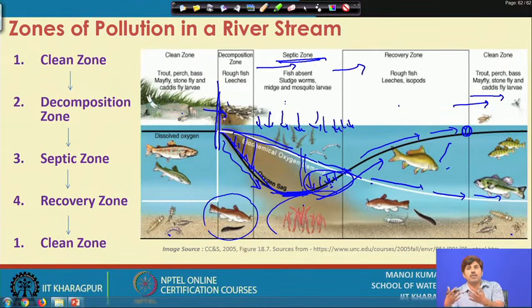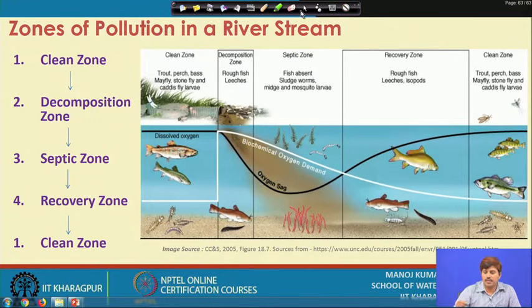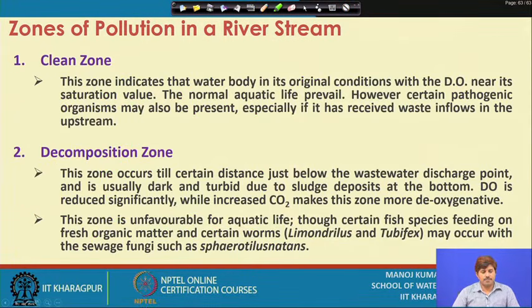It tries to recover, and then eventually it enters the clean zone, where it has attained its near-pristine stage. In the clean zone, the DO is near its saturation value and normal aquatic life is there in the river.